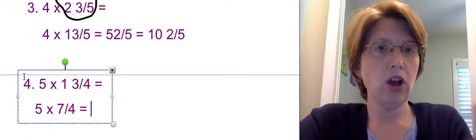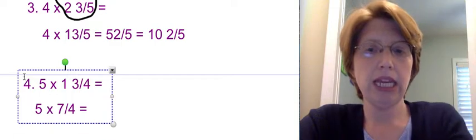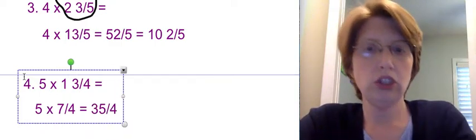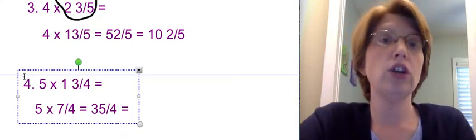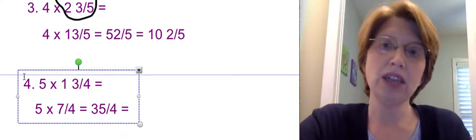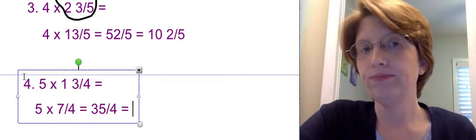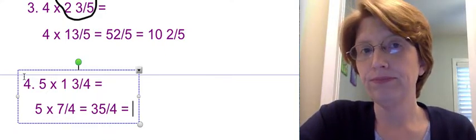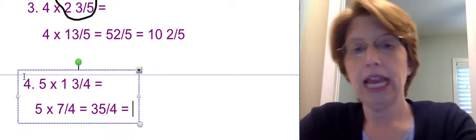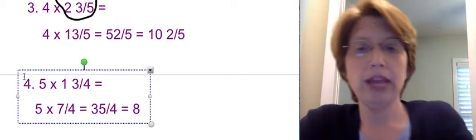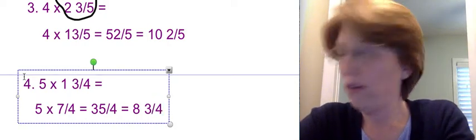Multiply straight across. 5 times 7 is 35. Bring over that denominator, which is 4. Now let's turn it back into a mixed number. 4 goes into 35 8 times, right? That would be 32 with a remainder of 3/4.